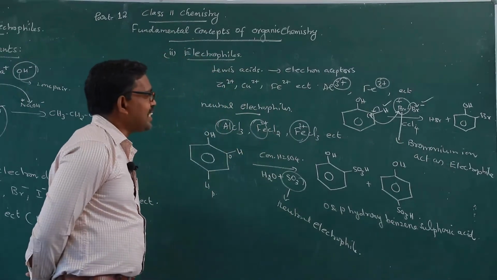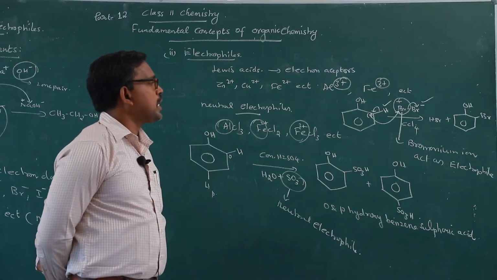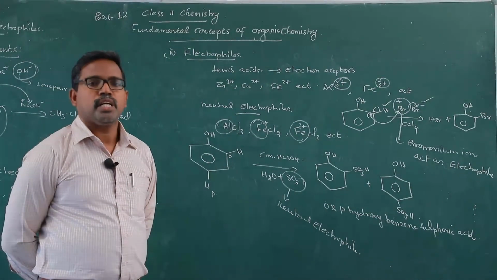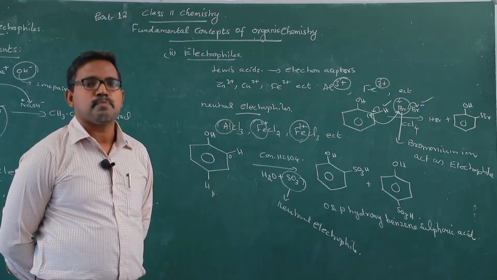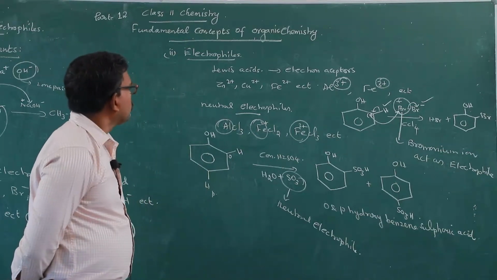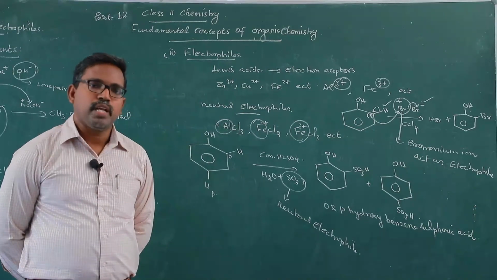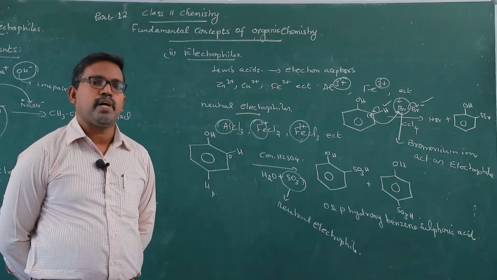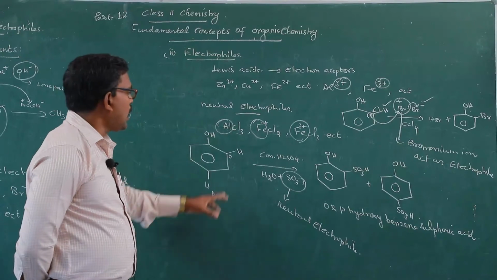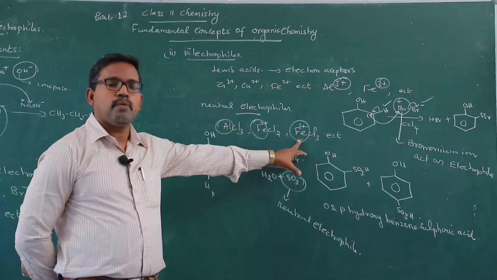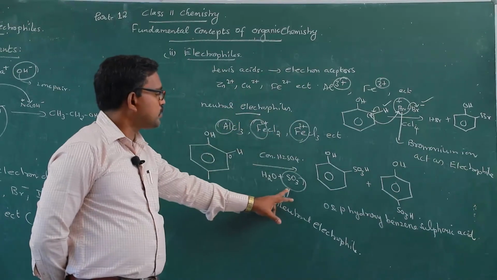So electrophilic substitution can be carried out with the help of an electrophile. Therefore, it is said to be an electrophilic substitution reaction. So you must know the electrophilic reagents, charged electrophiles or neutral electrophiles: anhydrous aluminum trichloride, ferrous chloride, ferric chloride, and sulfuric acid.